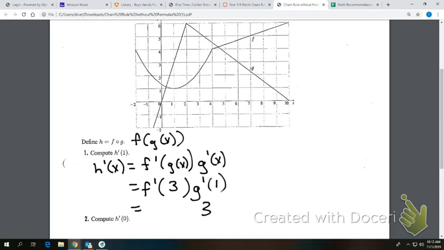So I'm going to draw on it a little bit. Here's f at 3. That looks like a slope of 1 to me. What do you guys think? Want to estimate slope of 1? I like that. So we're going to call that 1. That's an estimation. 1 times 3 is 3.